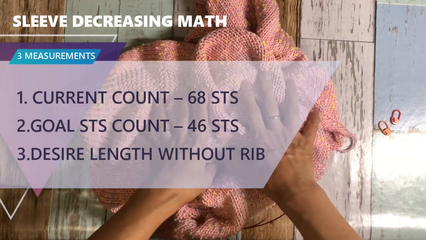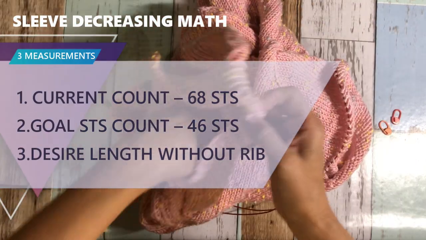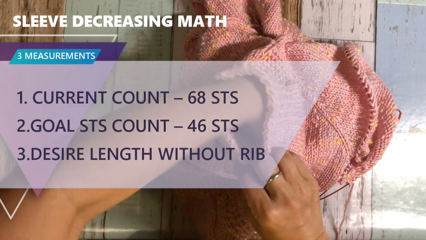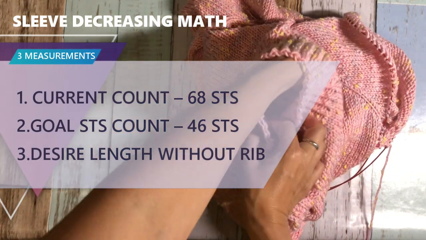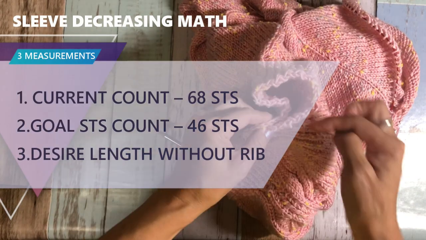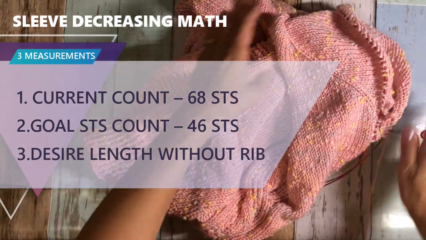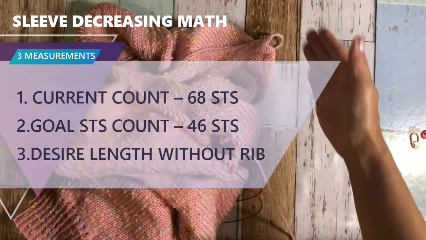And your goal stitch count. Wrap around your wrist like that and count. And I decide I'm going to have a little bigger sleeve this time. So my goal stitch count is 46 stitches. So obviously I only decrease 22.